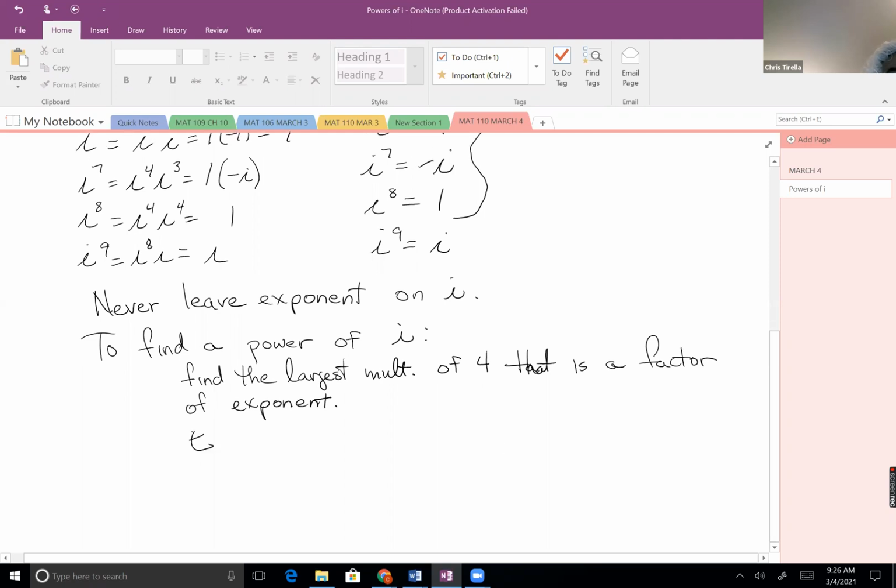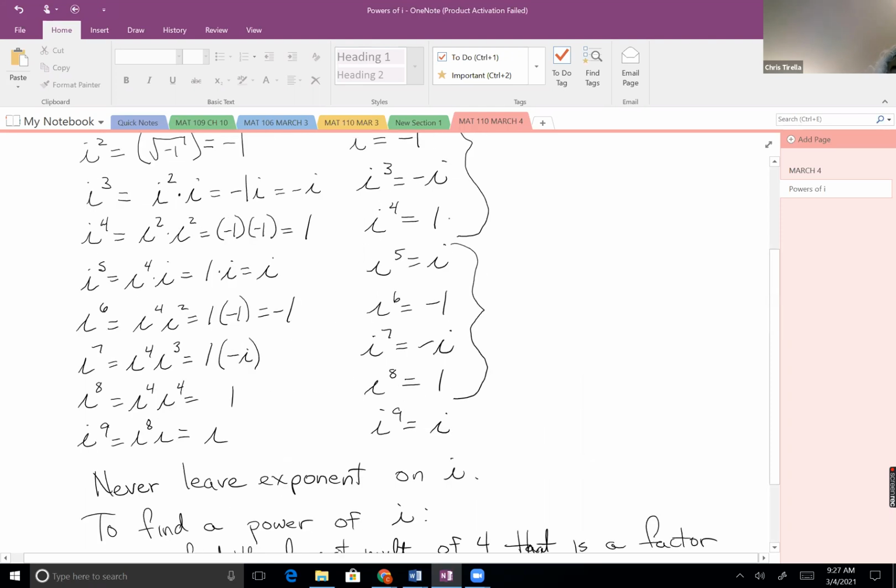And so what do I mean by that? Let's say I have x to the 23rd. The largest multiple of 4 would be 20. So we'd have x to the, I guess it's not necessarily a factor, but the factor of the quantity to the power. So we can think of that as x to the 20 times 3.